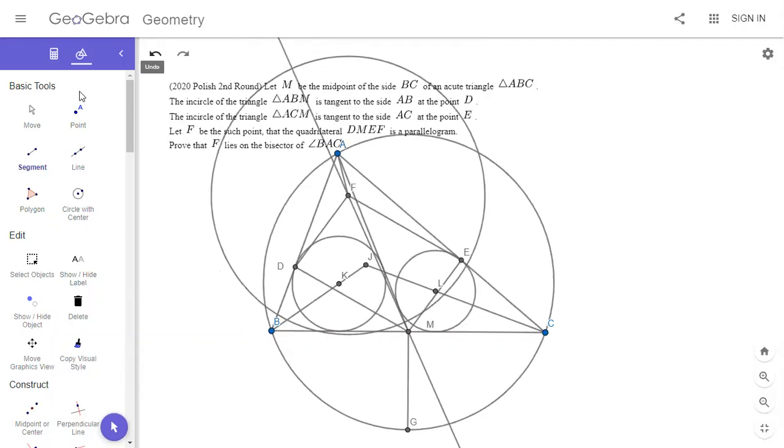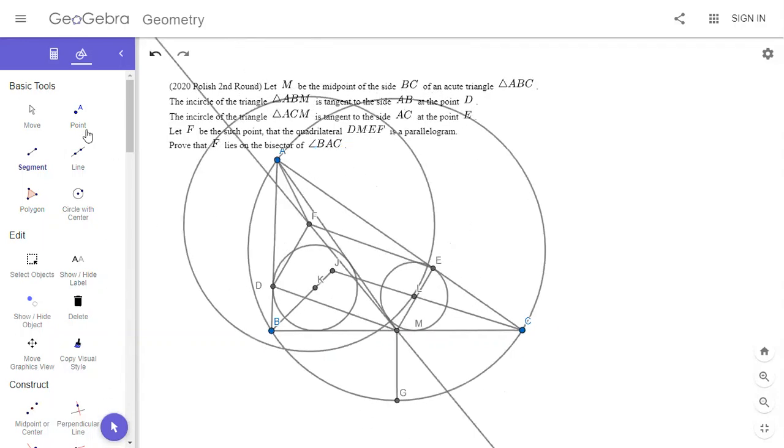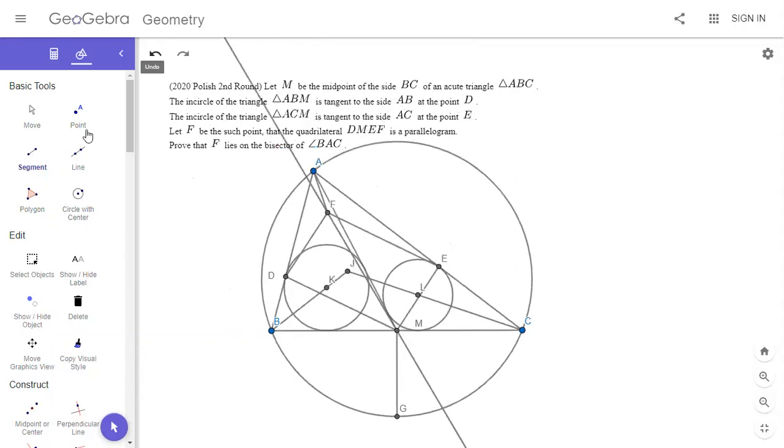My idea was to make DFP congruent to MCE, but then this position was wrong. But it's interesting. DFP congruent to MCE.